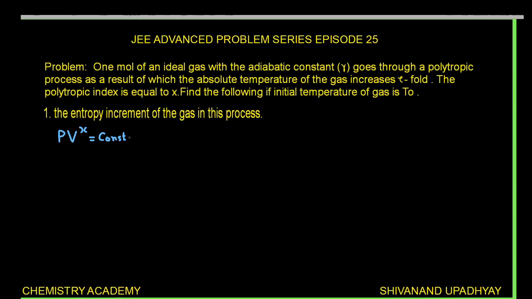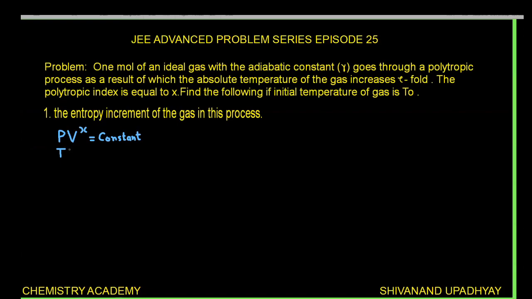Similarly, PV to the power X, where X is the polytropic index, is valid for a reversible process followed by an ideal gas. In the same way I can write a temperature-volume relation, because here they have mentioned the temperature change, and when we write the formula for entropy change, we can write it in terms of temperature change and volume change.